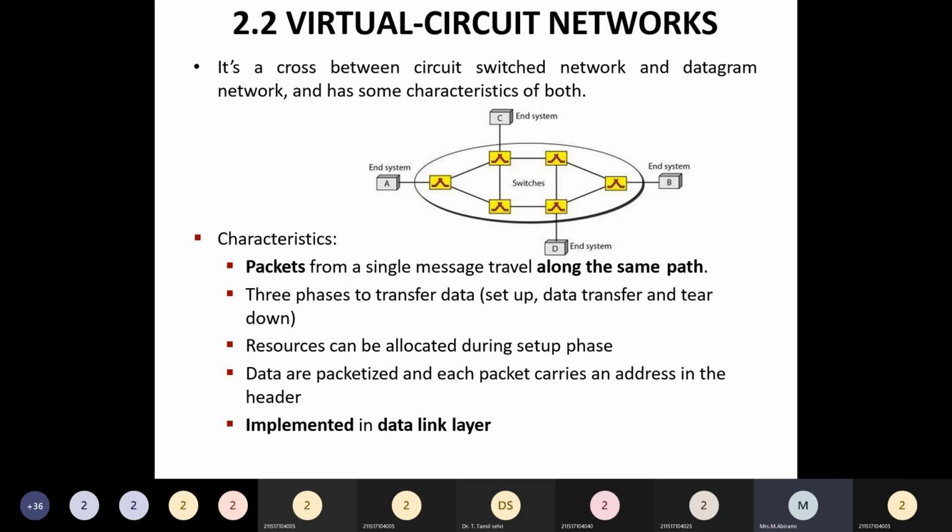The first packet goes and reserves the resources for the subsequent packets sent from source to destination. For example, Ethernet X.25 is used where frame and delay are used in a packet switched network.